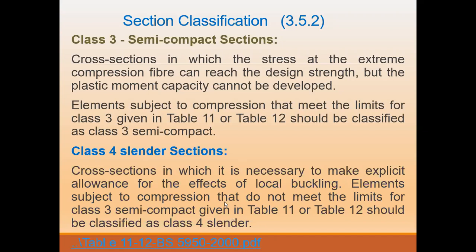This means that if you take your section, consider the sectional properties that we initially discussed, and go to table 11 or table 12, and you find those limits are not met, it means your section will automatically fall under class 4, which is slender sections.